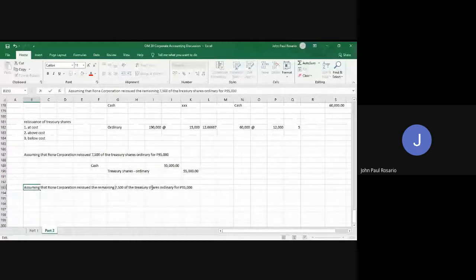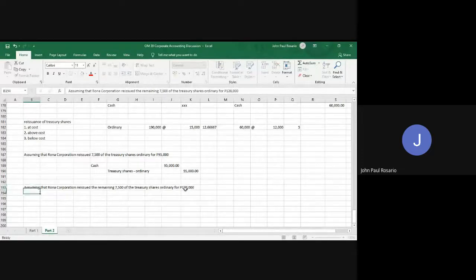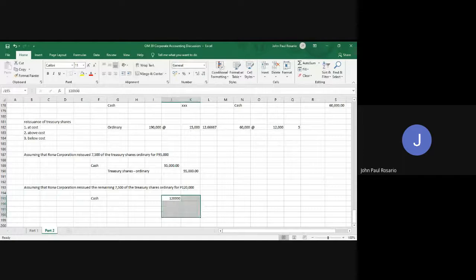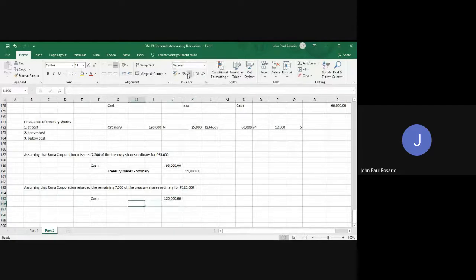assuming that Rona Corporation reissued the remaining 7,500 of the ordinary treasury shares for 120,000. Okay? So you received cash of 120,000. And then you reissued your ordinary treasury shares. Do you credit the whole 120 to your treasury shares?